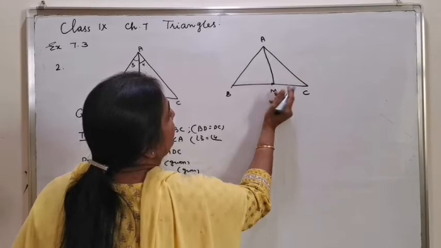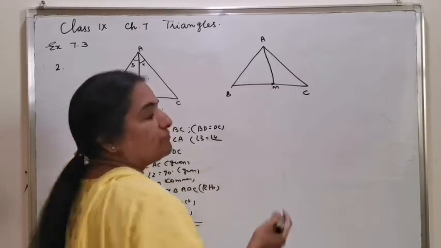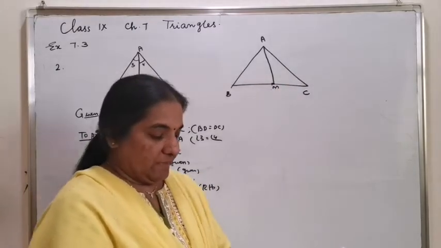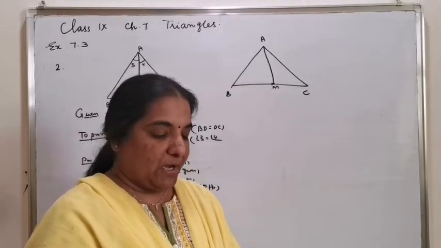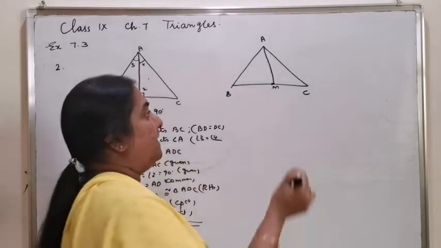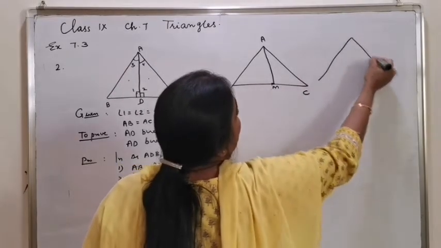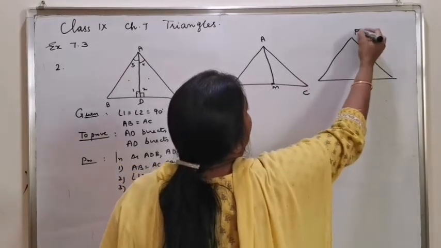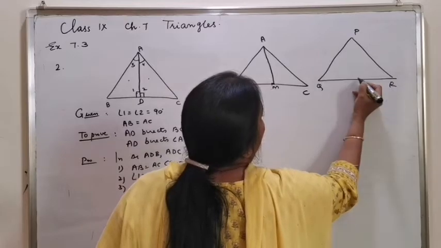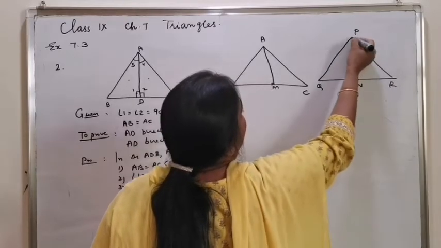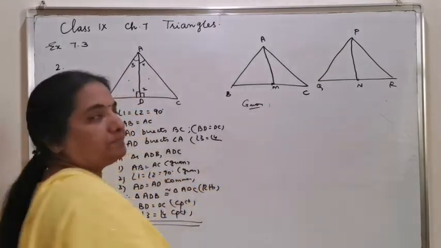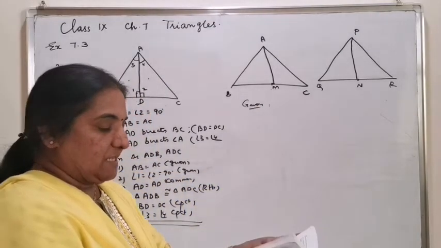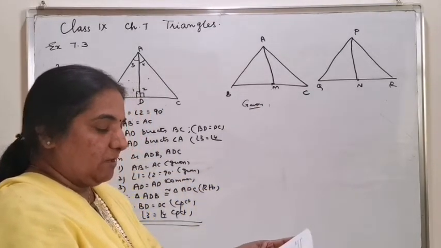Median AM of triangle ABC are respectively equal to the sides PQ, QR and median PN.